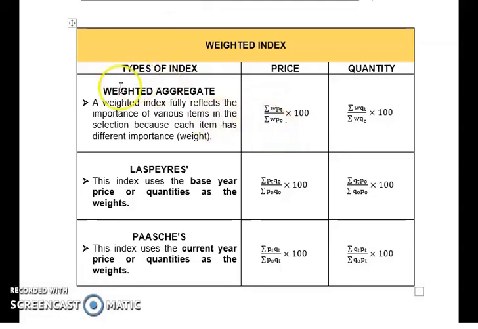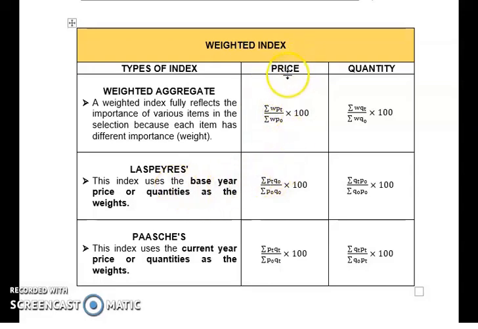So weighted aggregate means that at the end we find the total product of weight multiplied by the price. Similarly for quantity, we also give weight to each quantity. So Laspeyres index uses the base year price or quantity as the weight. So this is for weighted aggregate.